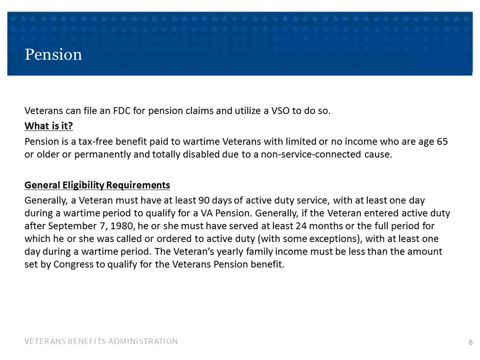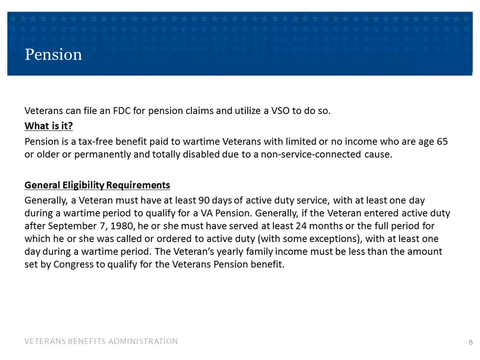Now, compensation is the benefit we'll be using to walk you through the FDC electronic process today. But while we have you on the line, there are two other additional benefits that can be applied for using the FDC process. Veterans and survivors can file an FDC for veterans' pension and survivors' pension. On the screen now, you can see the eligibility requirements for veterans' pension.